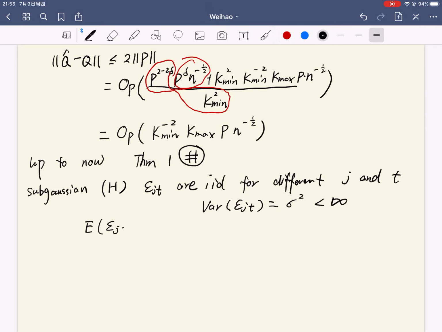The odd moment is 0, and the even moment is less or equal to some number times k power k. This number is related to the parameter for sub-Gaussian.